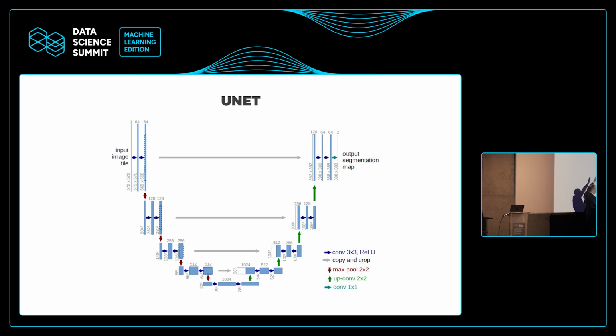In the contracting path, it works like a normal convolutional network that detects features out of those images. Then we have max pooling, so we decrease the spatial dimensionality but increase the set of channels, doubling them. And it goes like this until the bottleneck over here.